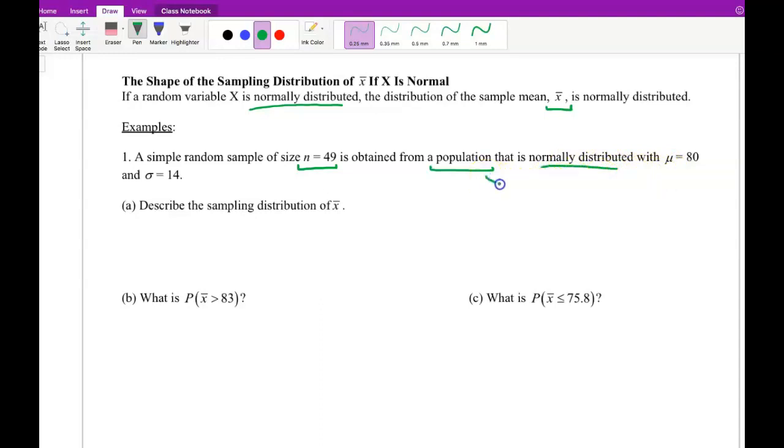The population mean is 80 and the standard deviation is 14. Okay, so for the population, the mean is 80 and the standard deviation is equal to 14.